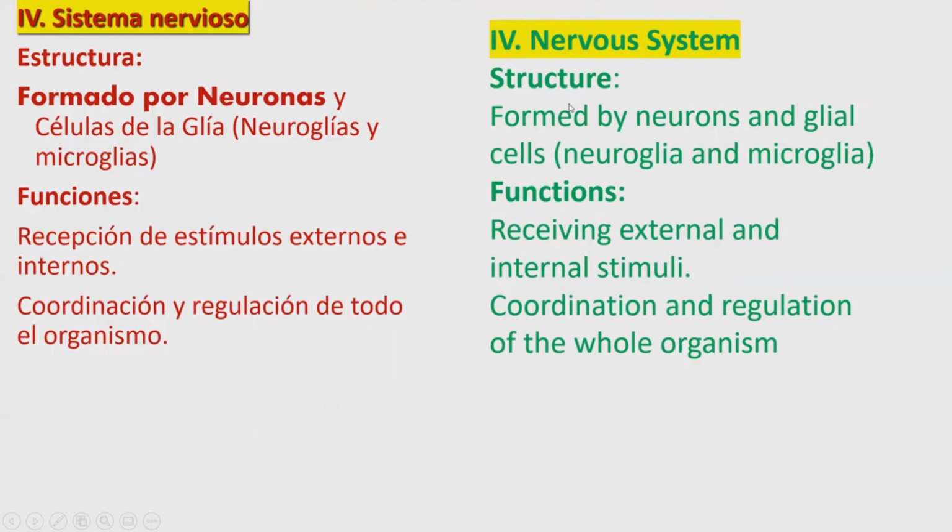The structure is formed by neurons and glial cells, neuroglia and microglia. And briefly, very briefly, the functions of the nervous tissue are receiving external and internal stimuli, and coordination and regulation of the whole organism.